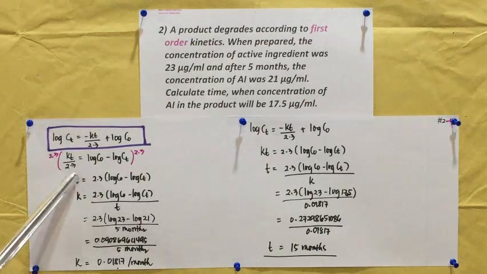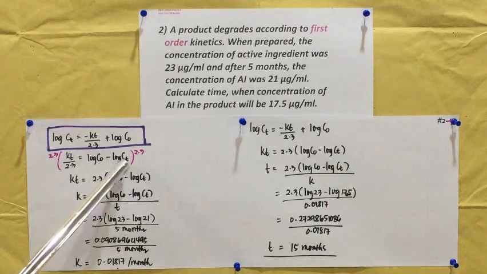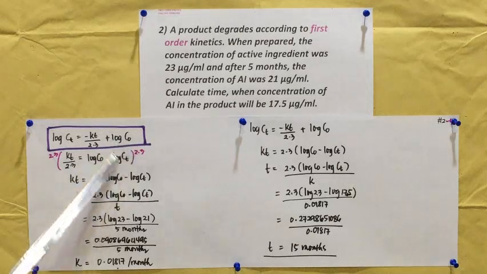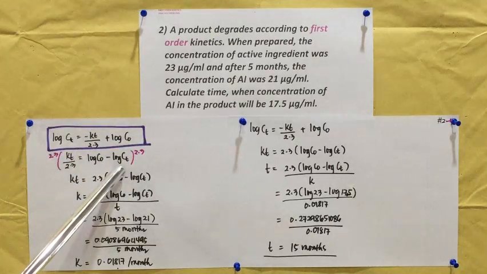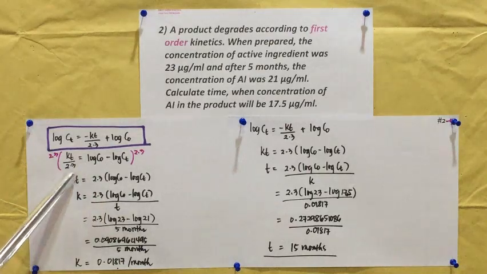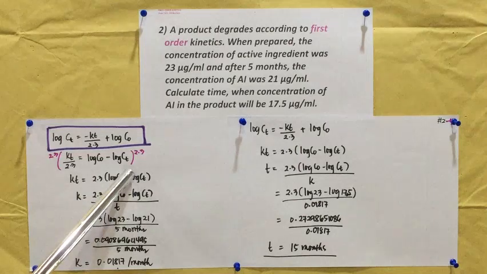So KT over 2.3 is equivalent to log CO minus the log CT, because this comes from the other side, so it becomes now negative.